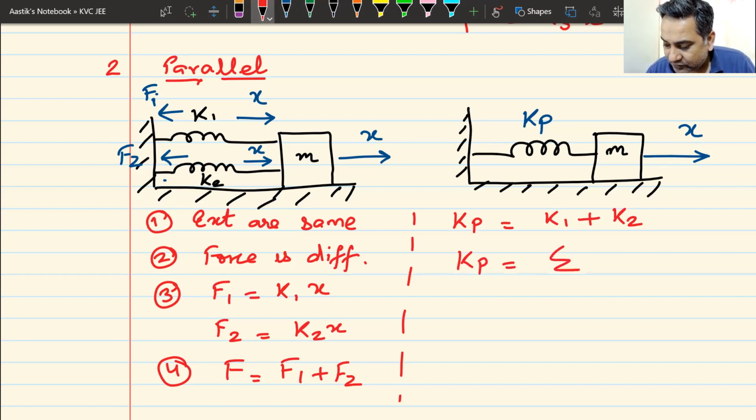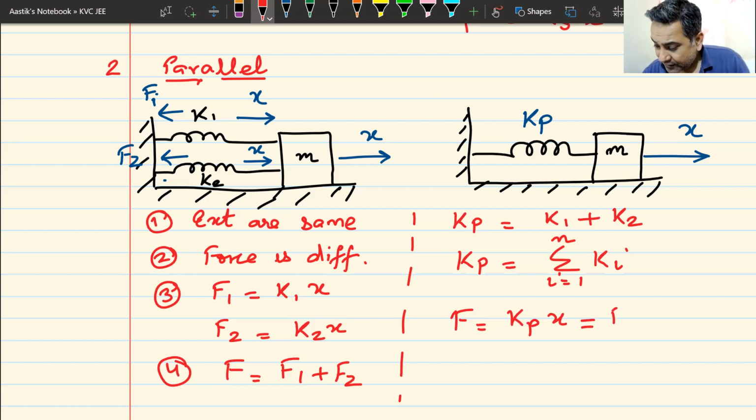Kp will be equal to the summation of Ki, i ranging from 1, the first spring, to n. What will be the force on the block? The force on the block, as you can see, is F. Now this F can be written as Kp multiplied by x. This is equal to F1 plus F2.